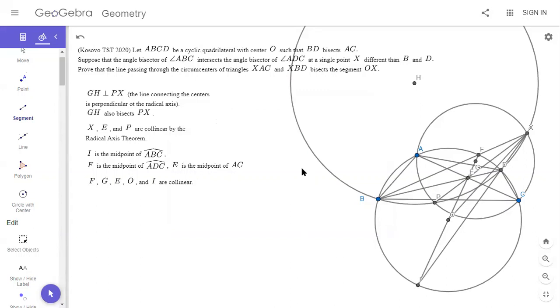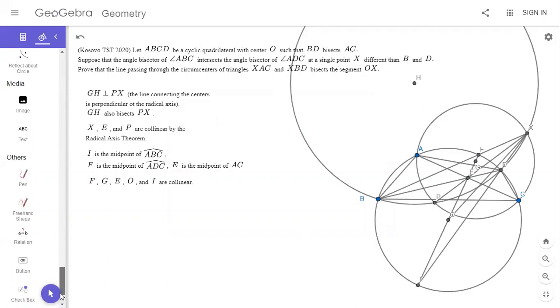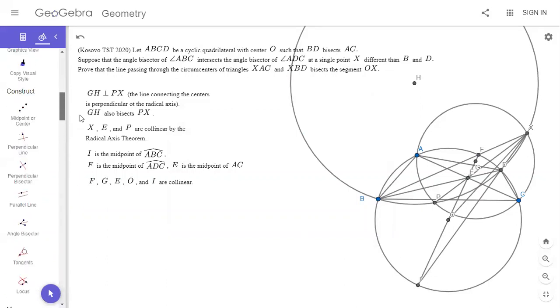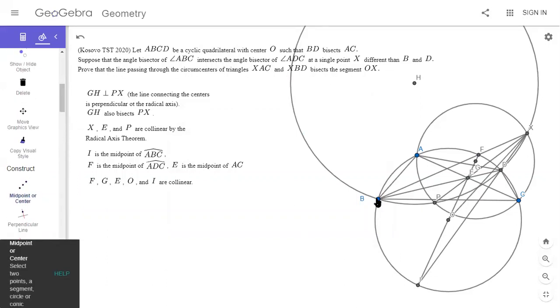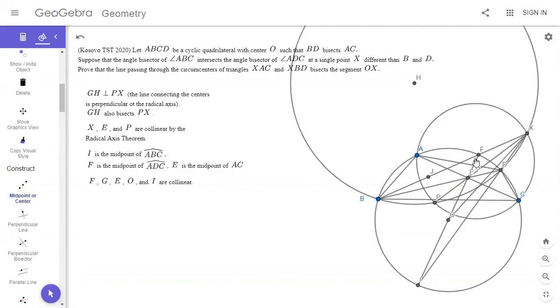And then we can label the midpoints of BF and DI. So I'm going to call them M1 and M2. Actually, I think J and K is good for now.